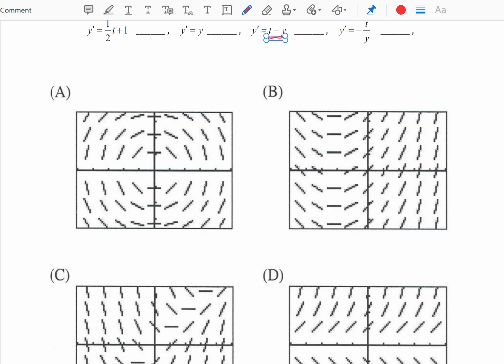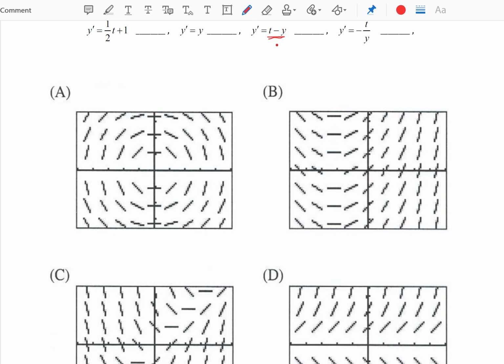For example, this one, t minus y. Earlier we saw this and we said, well, anytime that y and t are the same, the slope will be 0. Anytime that y is bigger than t, the slopes will be negative. Anytime that y is less than t, the slopes will be positive.